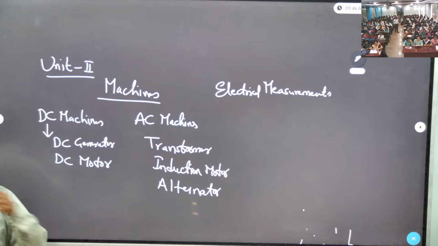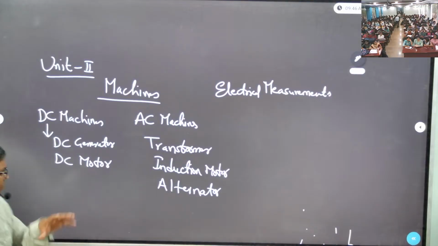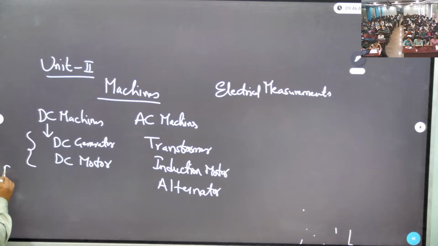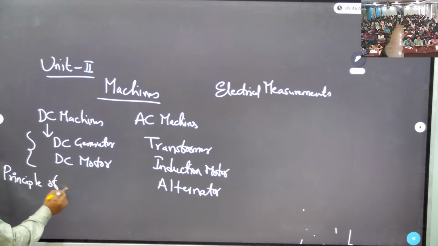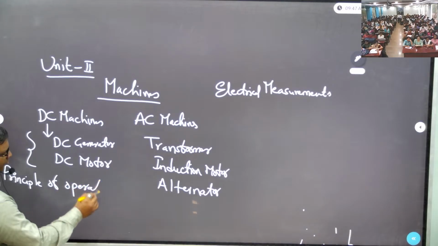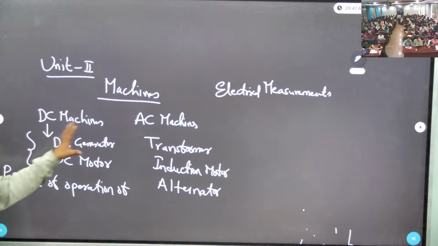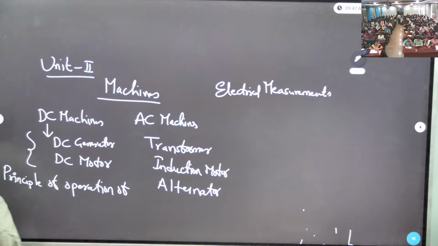No need to worry, it is not a huge topic. We have 10 or 15 topics. For all the above machines, you have to study the principle of operation. What is the principle behind the working of these machines?